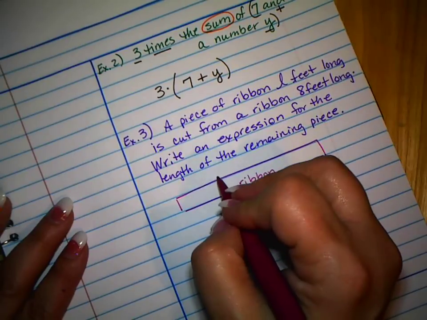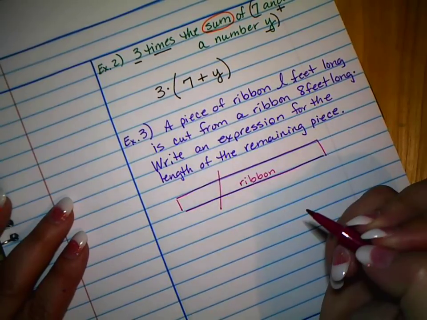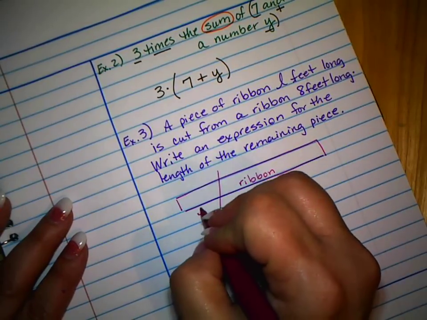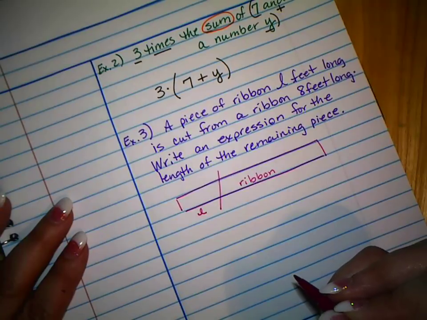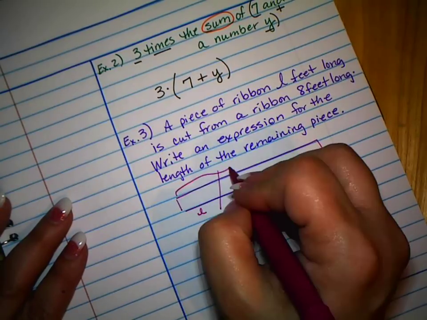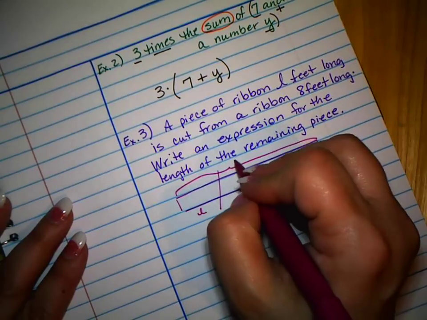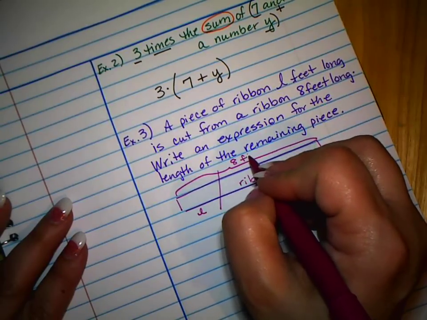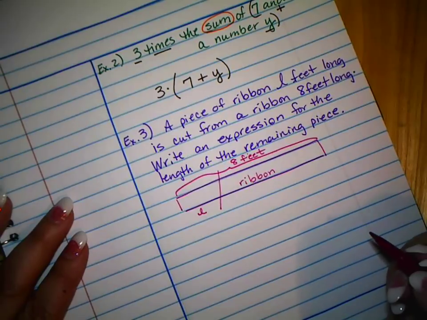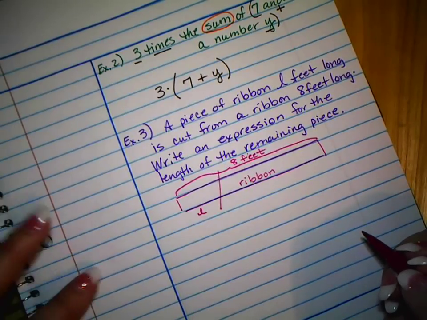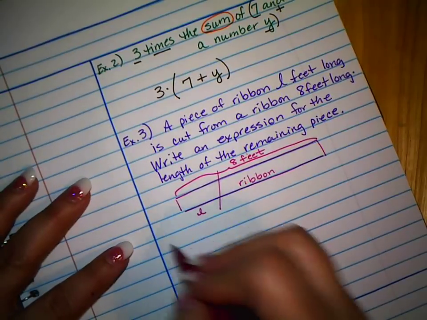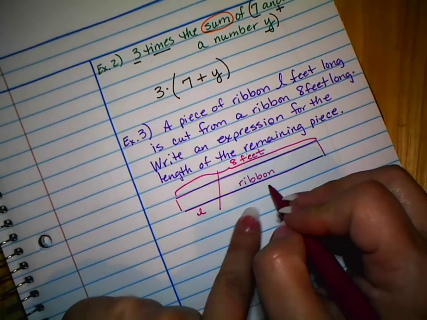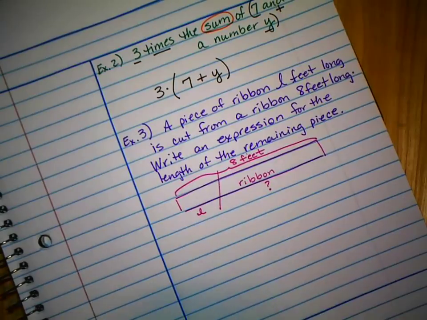And I'm going to cut a piece that is L feet long from my 8-foot piece. So I'm going to take this part away. And I want to know, what is this length?